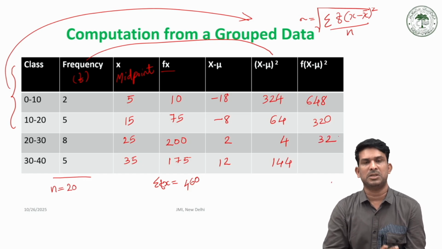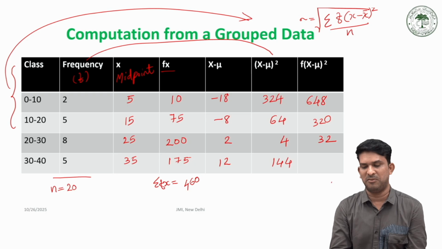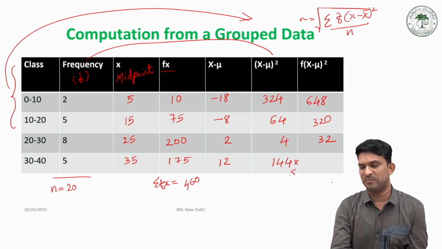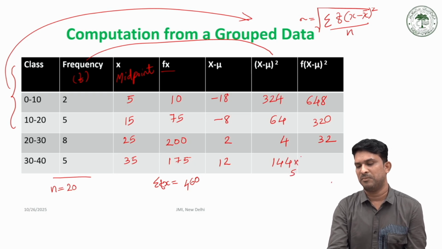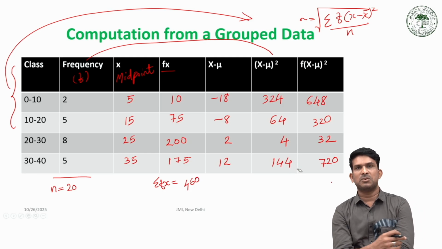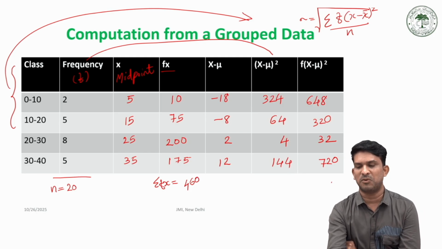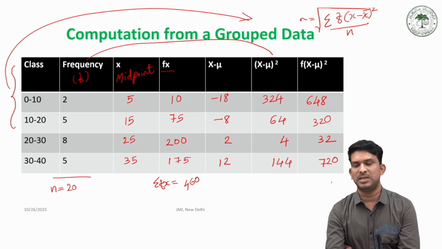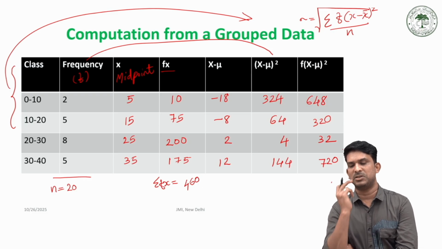Next is 5 into 144, 720, right? So I got the values 648, 320, 32 and 720.